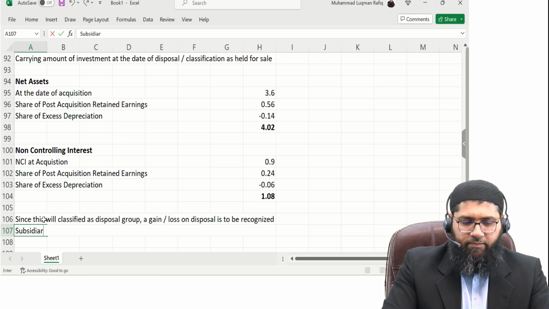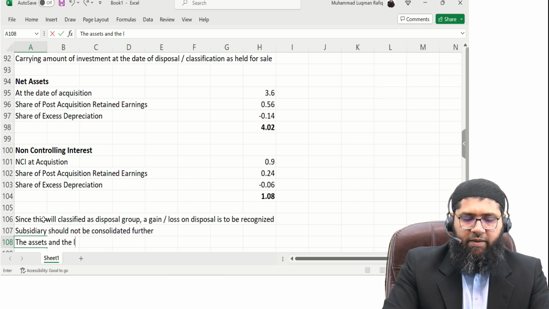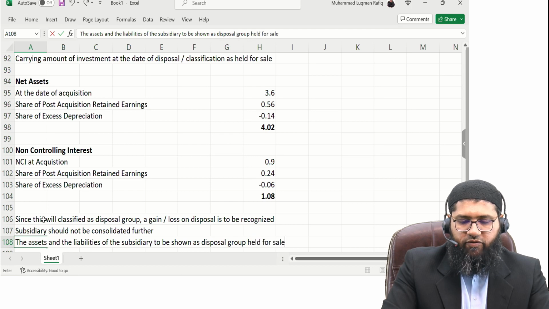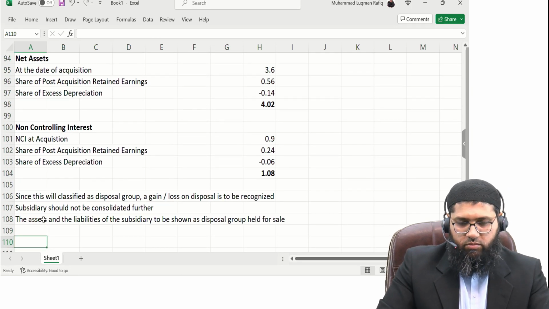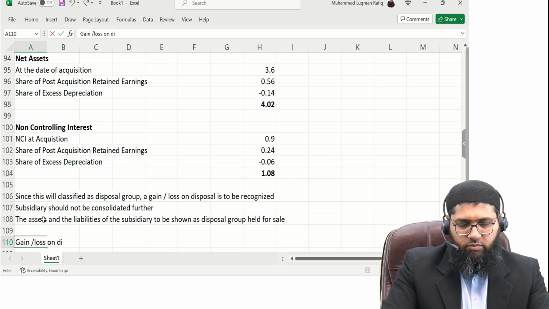The subsidiary should not be consolidated further. The assets and the liabilities of the subsidiary are to be shown as disposal group held for sale. The gain or loss on disposal is as under.